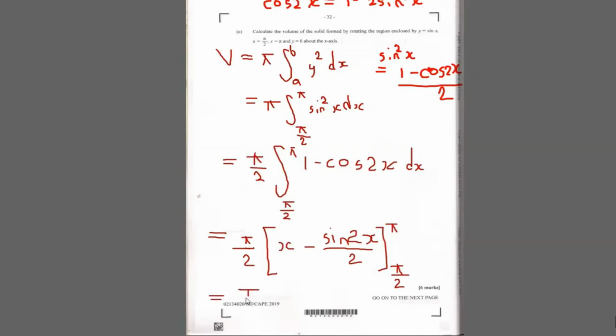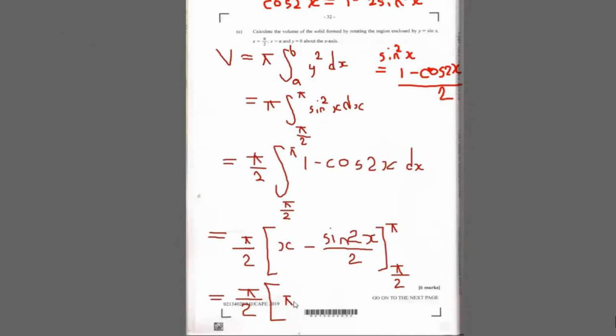So we have pi by 2 times, plugging in x as pi, we get pi minus the sine of 2 pi, and the sine of 2 pi is 0, so we get pi minus 0.